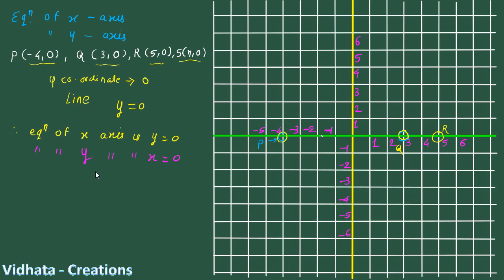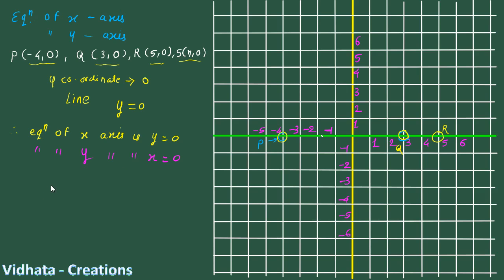So these are the equations of the x and y axes. The equation of the x-axis is y is equal to 0 and the equation of the y-axis is x is equal to 0.